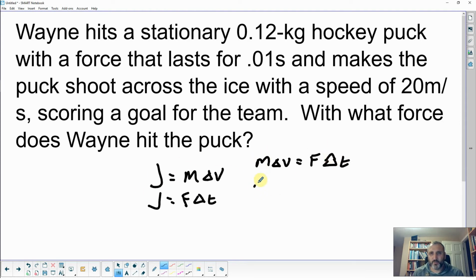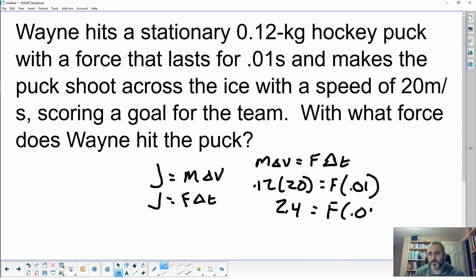We know the mass is 0.12 kilograms. The change in velocity was from 0 to 20, so 20 meters per second, equals F, which is what they're looking for, times the change in time, which is 0.01 seconds. I'm sorry, I kind of lost my train of thought looking at these equations. If we do the math, 0.12 times 20 is 2.4, which equals F times 0.01.